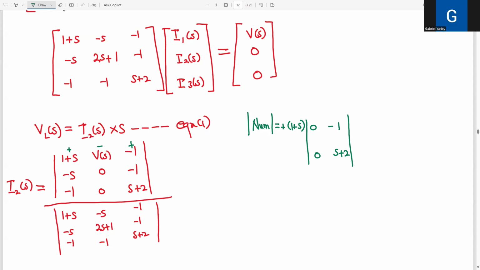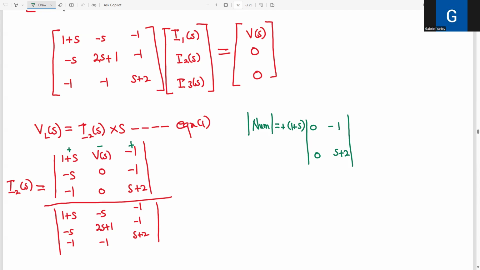Right? So the trick here is just to find this part. Start with the plus here. Multiply it with the 1 plus S. And then you exempt all the rows and columns. And then you find the determinant of what's remaining. And then you multiply it with it. So we'll do it for the second column too.